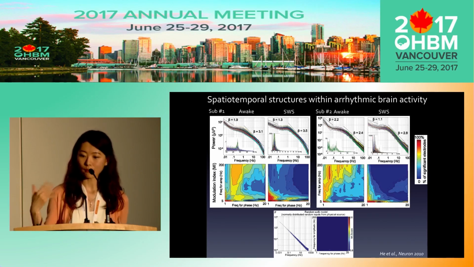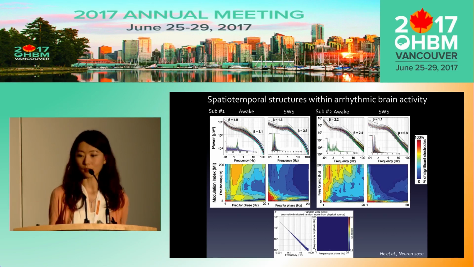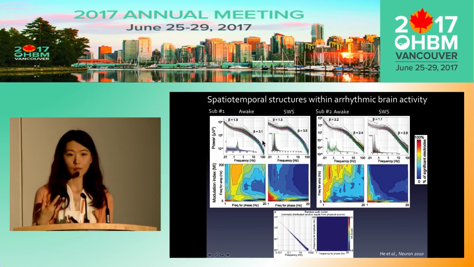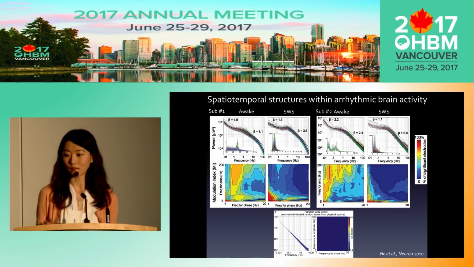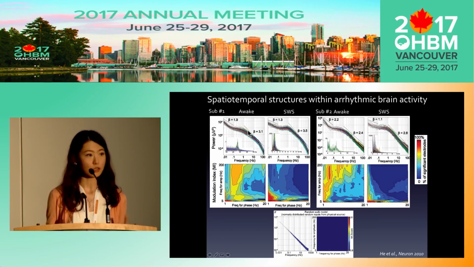And the cross spectrum of this rescaled signal and the original signal will be flat, will be 0. Whereas a 1/f signal, because it's scale-free, after you rescale it, the cross spectrum is just a scaled version of the original one. So you can separate the original spectrum into the broadband arrhythmic component and the brain oscillatory component.